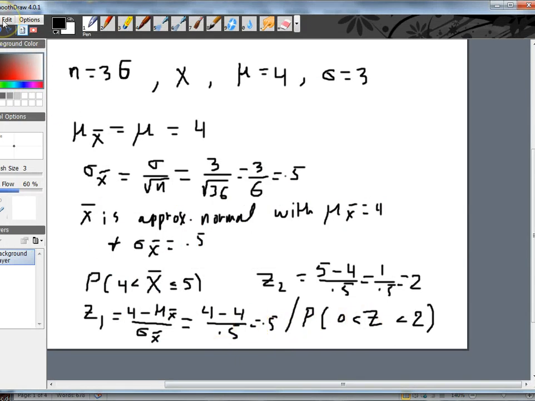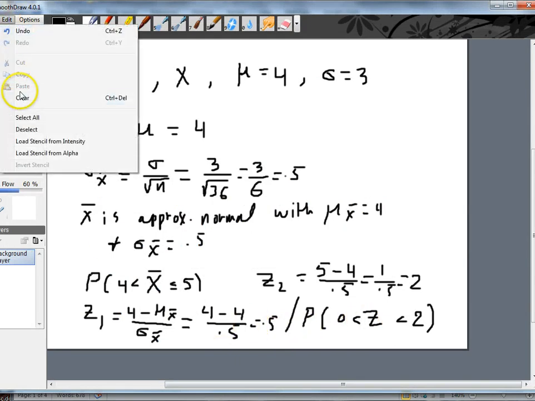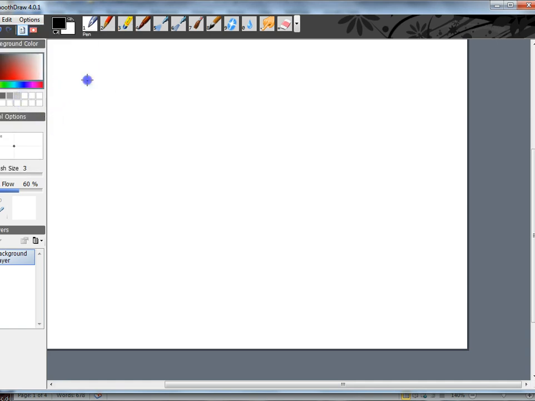Let me clear this. So I want P of z between 0 and 2, and remember we need 2 decimals for this. So I want to graph this.